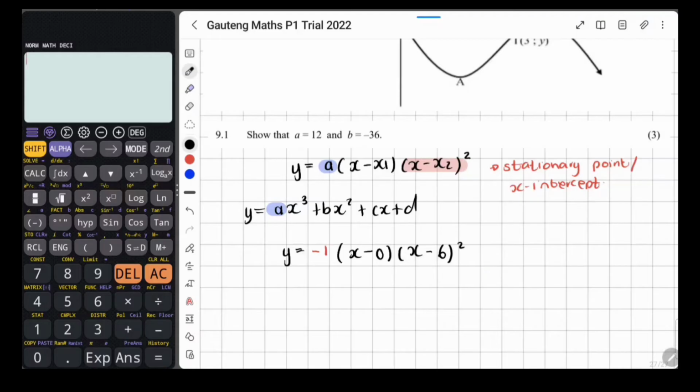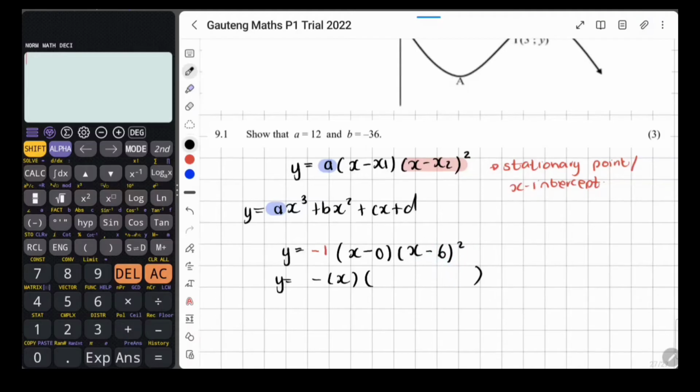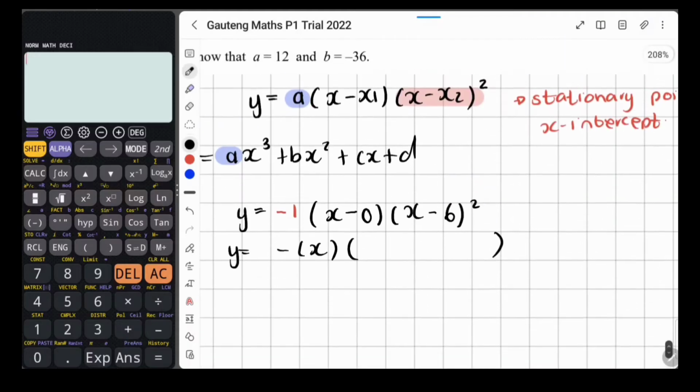Okay, so let's just solve for what we can here. Here we have y is equal to negative, and we have x minus 0, which is just going to give you x. So it's negative x when we multiply by x, and then this. So I'm going to open up a bigger bracket so we can simplify this. Remember, with this, all you have to do is square the first term. That's x squared. Then first term times second term. That's negative 6x.